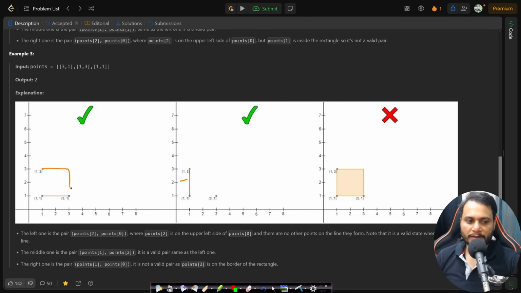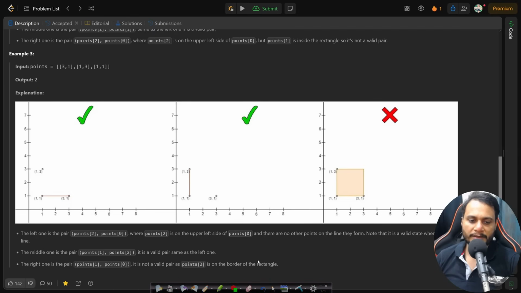Now, can you make something like this? You cannot, because if you consider 1, 3 as the top left and 3, 1 as the bottom right, you have 1, 1 on the circumference, so that is why it is invalid. And can you make this as the top left corner? Yes, a horizontal line can connect to 3, 1 in such a way that there are no other points on this line or inside this rectangle, and therefore it is also valid. Therefore the count here is 2.